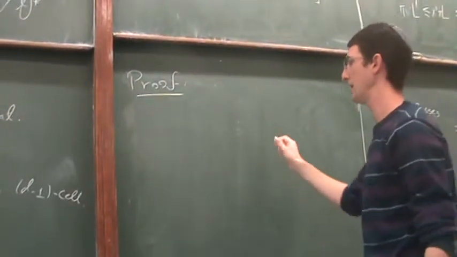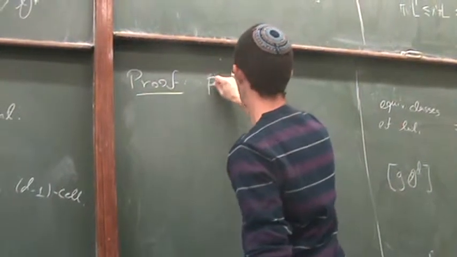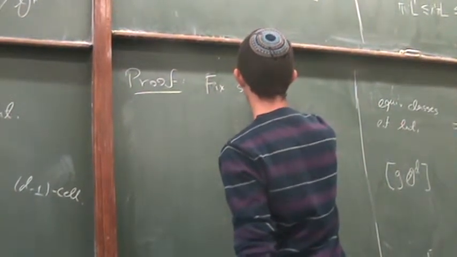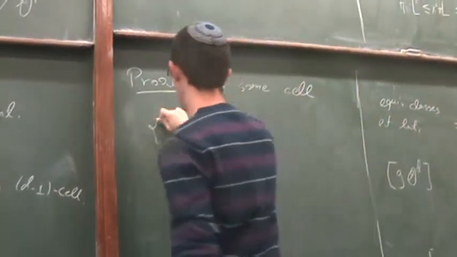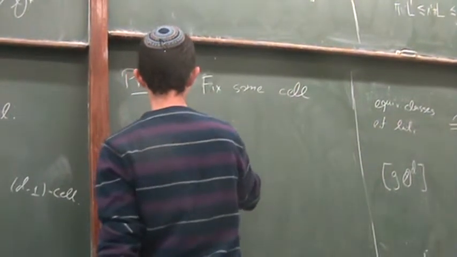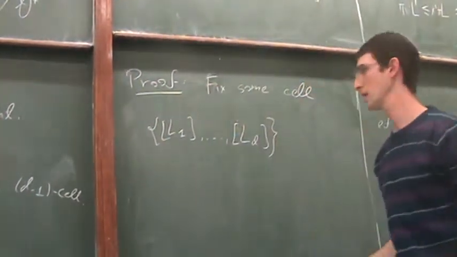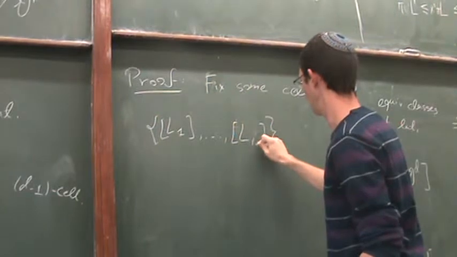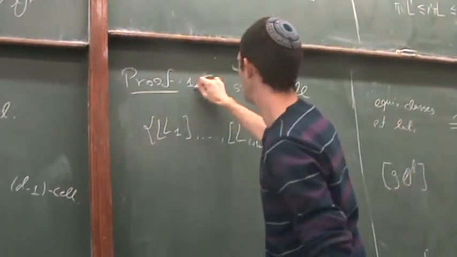So let us fix some cell L_1 to L_i, and we want to add L_{i+1}. This is to prove one.